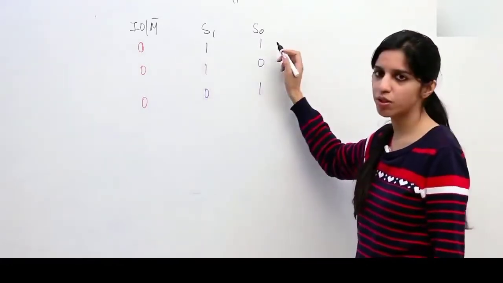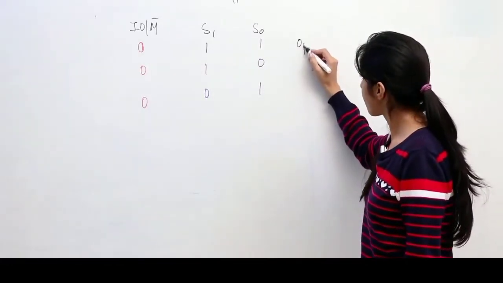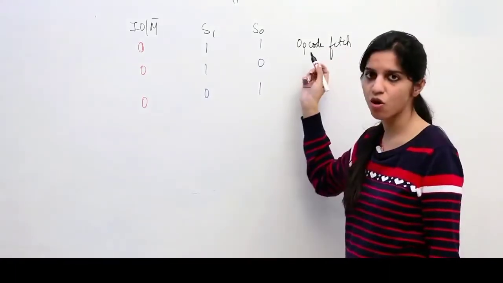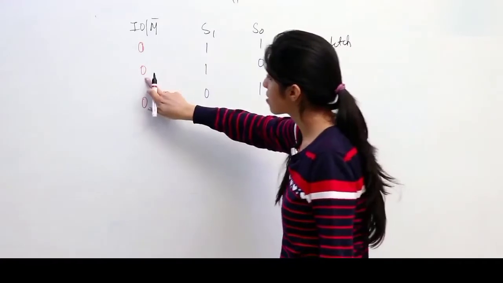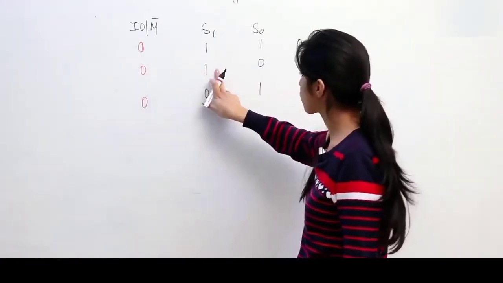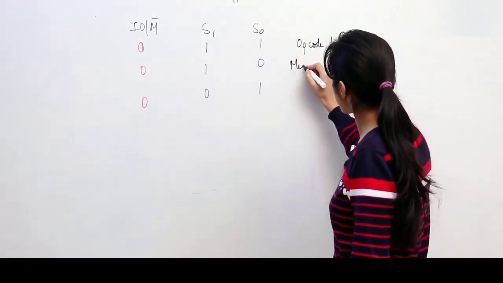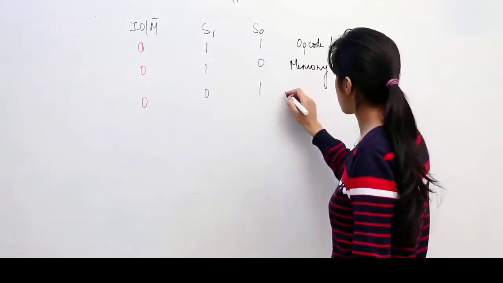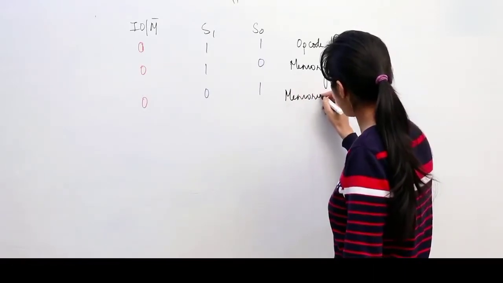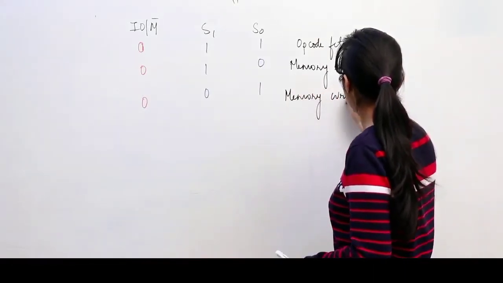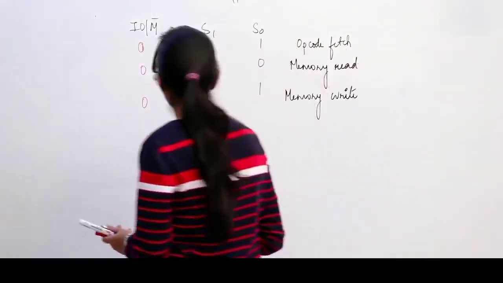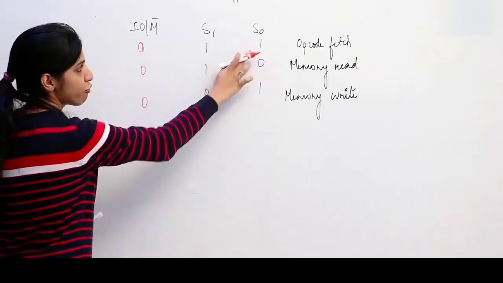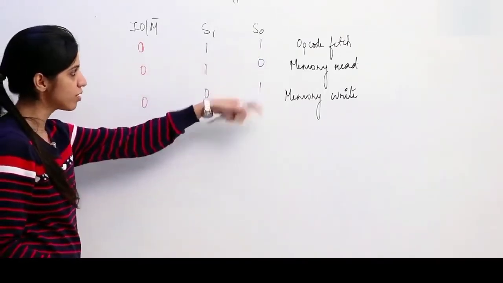When S1 and S0 both are 1, we have the opcode fetch cycle. When we are accessing the memory and S1, S0 are 1, 0, this stands for memory read, and 0, 1 is memory write. This is what the status of S1 and S0 signifies.